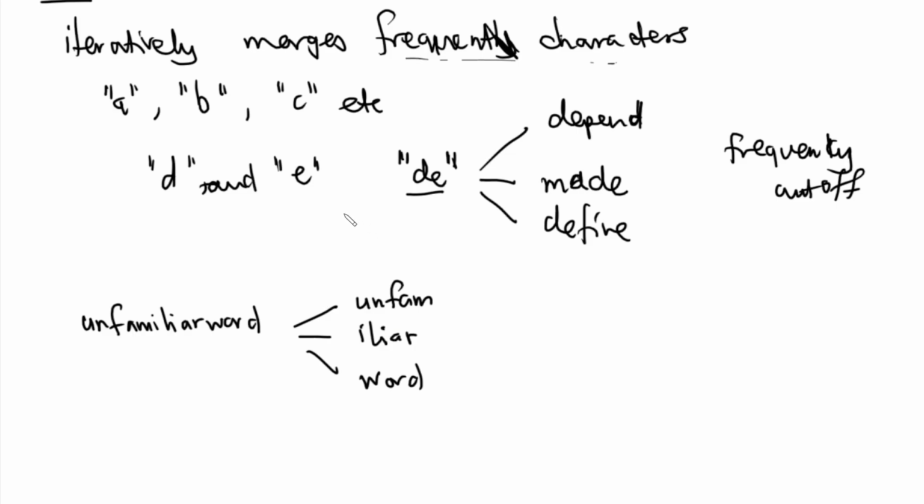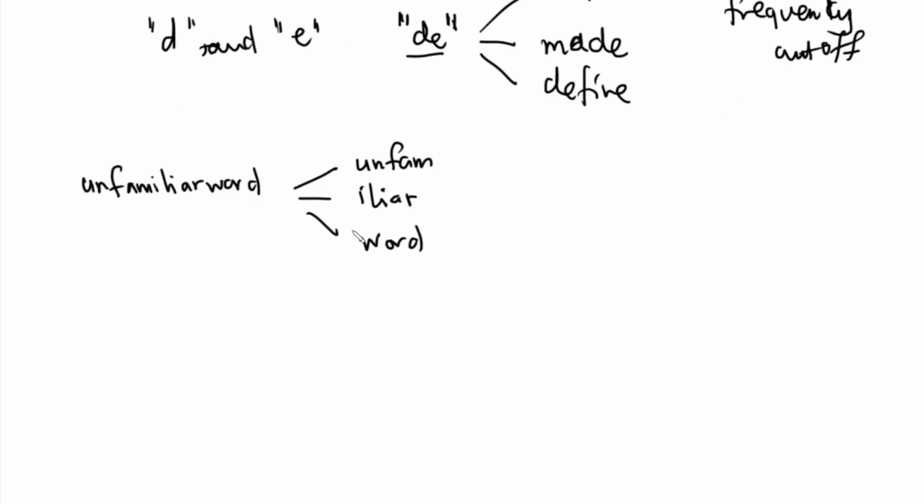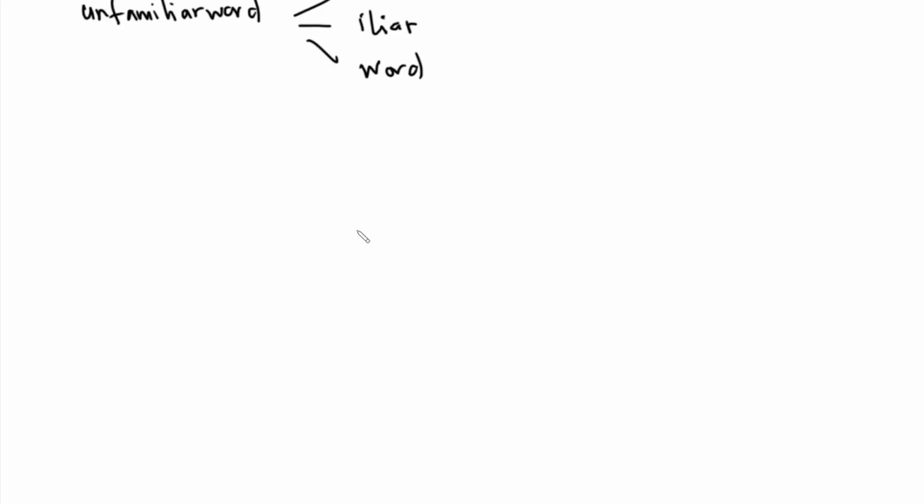Or another example, let's say we have created our own language that is not known in the vocabulary. What it will do is break this word down into characters and then start connecting the characters that appear together. So AK, they appear together in some words.